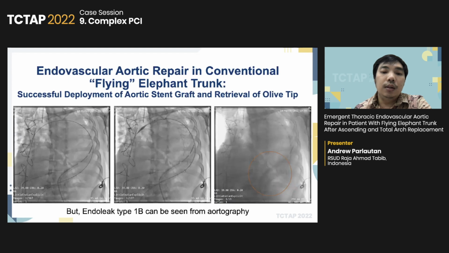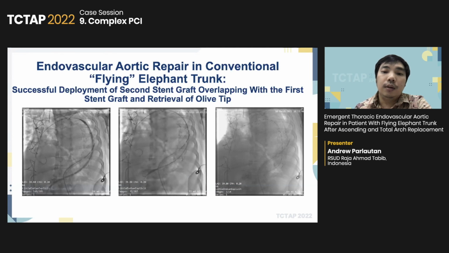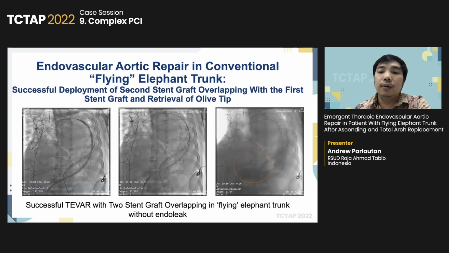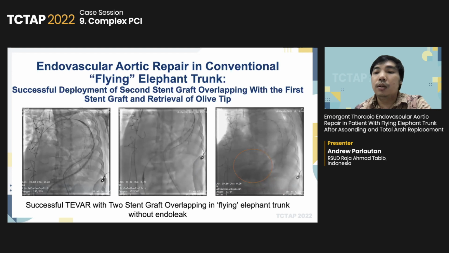So we decided to deploy a second aortic stent graft, overlapping with the first stent. Then after retrieval of the olive tip, we did the aortography, and we can see there is no more endoleak.